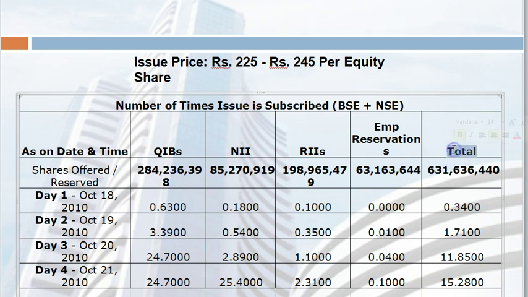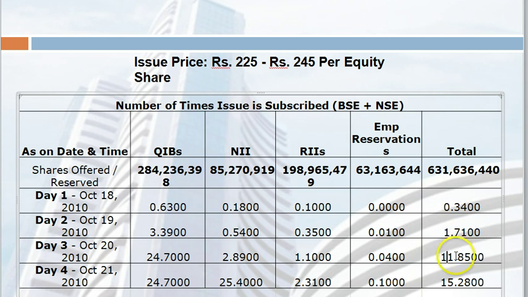Here is the total number of shares being issued in the IPO, and here is the number of times it is getting oversubscribed. This IPO was open for 4 days. As a retail investor, you should wait for the last day, check the oversubscription number and then apply for it.